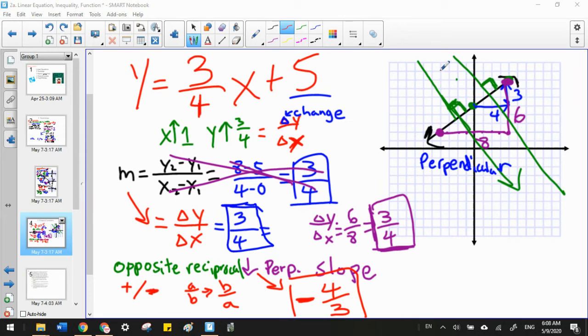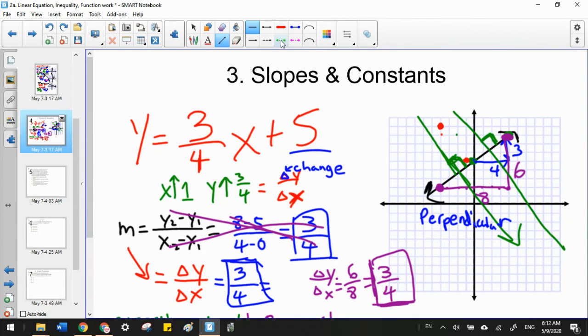Let me pick a point and then have it go down by 1, 2, 3, 4, 1, 2, 3. So that's going to be this point right over here, a straight line through that point. You'll notice that it looks like it forms a perfect right angle, which it's supposed to, and that is how perpendicular slopes work.